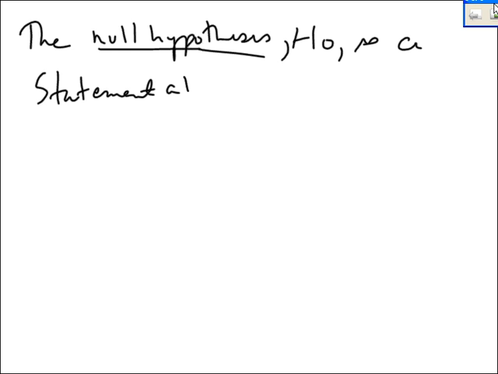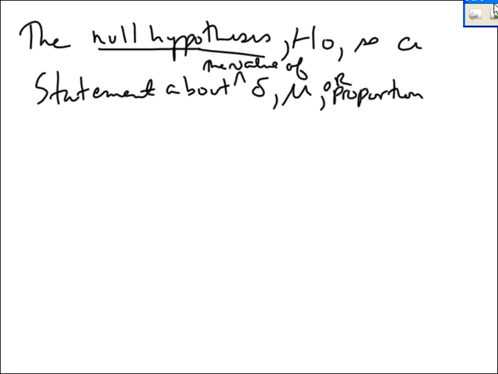It's a statement about the standard deviation, the mean, or proportion. It's a statement about some parameter. Actually, I could say about the value of these parameters.